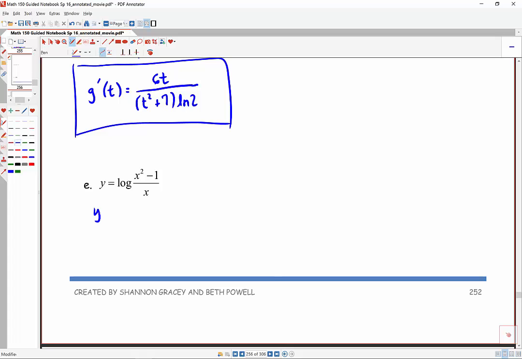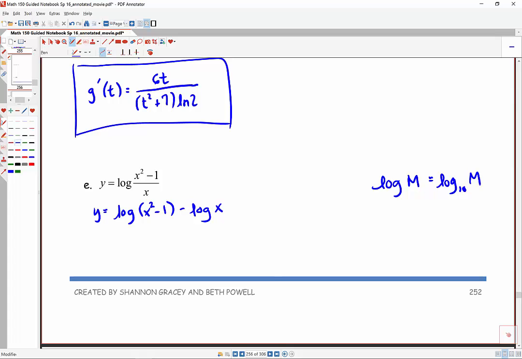So y is equivalent to log, and remember, this is the common log, so the common log has a base of what? Perfect, 10, right? So log of something, call it m, is equivalent to log base 10 of m.